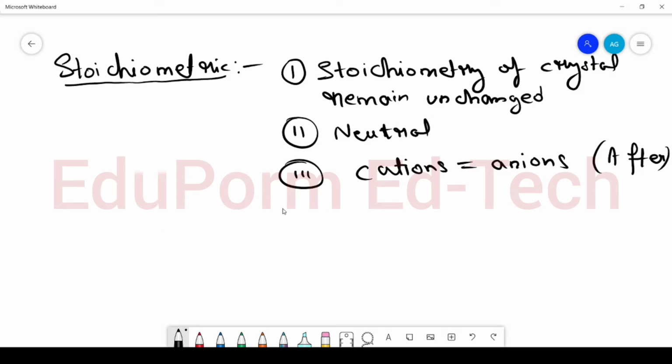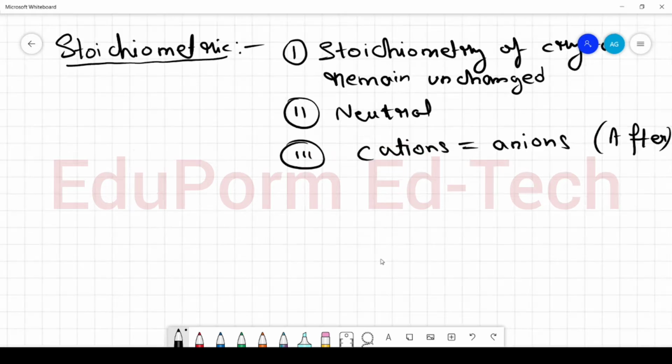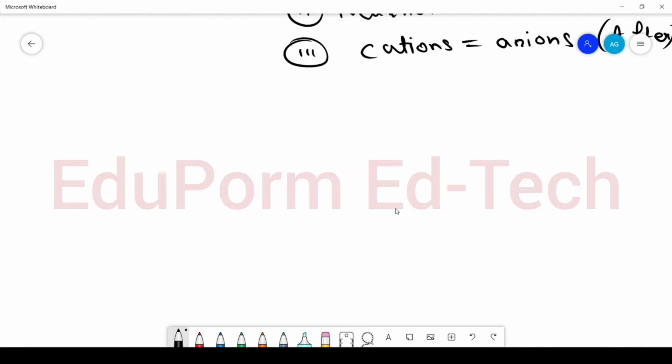Now, the stoichiometric defect is of two types, as we already discussed in the previous lecture. The first type is Frenkel defect and the second type is Schottky defect.